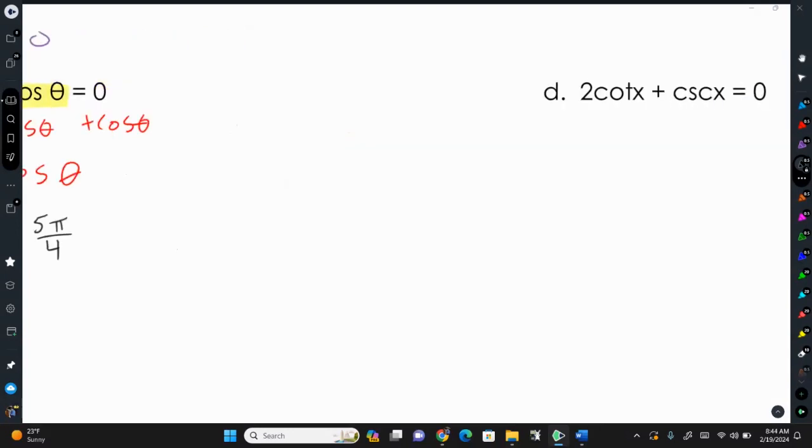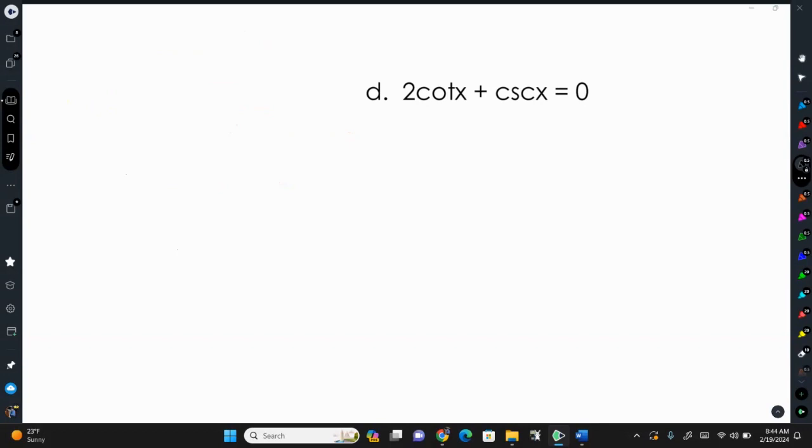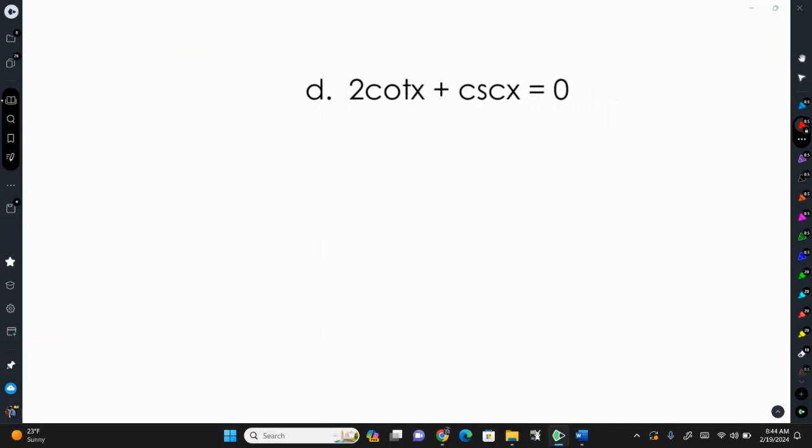All right, so now letter D. We have 2 cotangent x plus cosecant x equals 0. Again, we can't solve this right now because we don't have the same trig function and we can't factor anything out. So if we change this, we know that cotangent is cosine over sine.